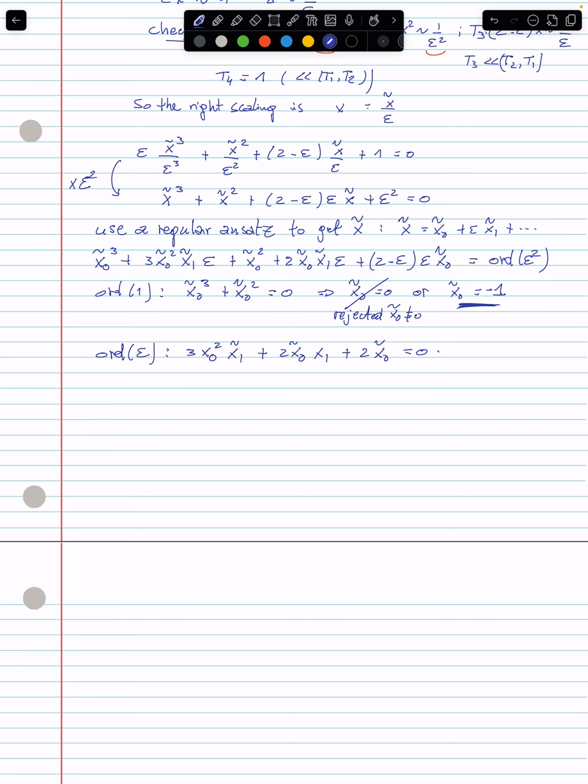So we have here 3 minus 2, so that's 1, is equal to minus 2 x0, meaning that x1 is equal to 2. And we are happy, the problem is closed. We have found the second root, which is -1 over epsilon plus 2 plus additional terms that are of order epsilon.